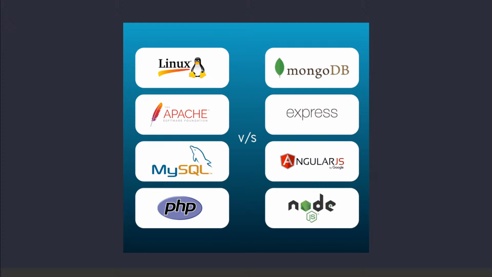So when we're looking at these different parts of our acronym, they don't quite measure up. Like we said that Linux is our operating system for our LAMP stack. In our MEAN stack, Node is our operating system.